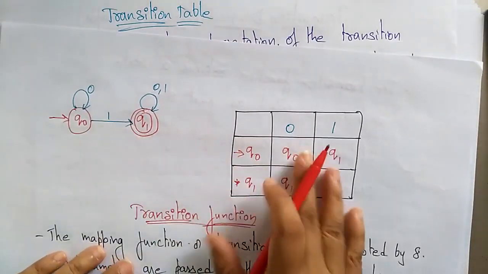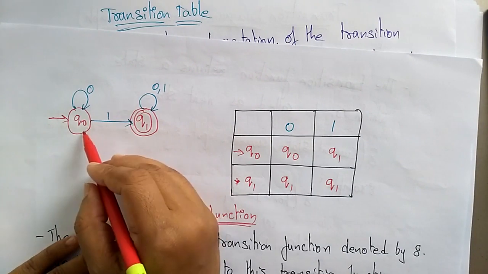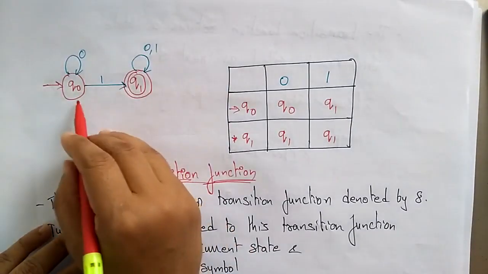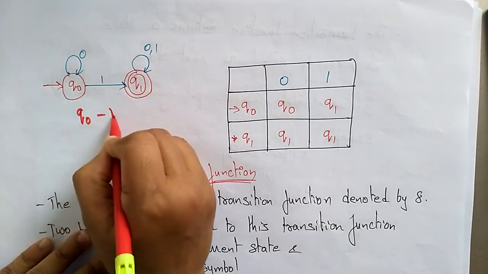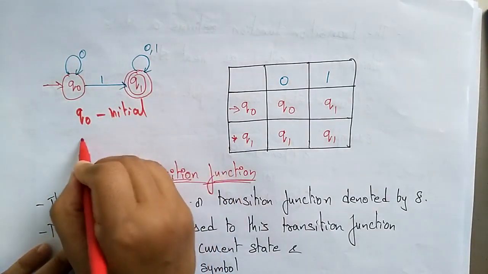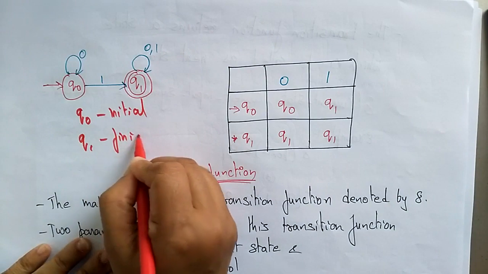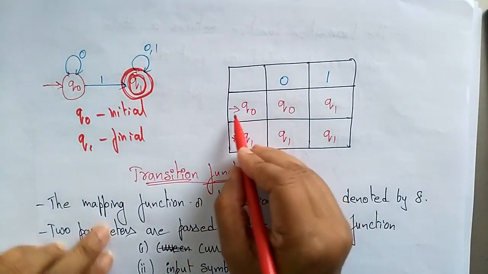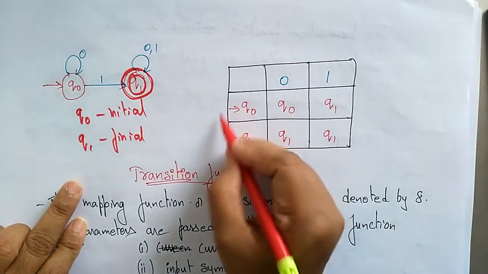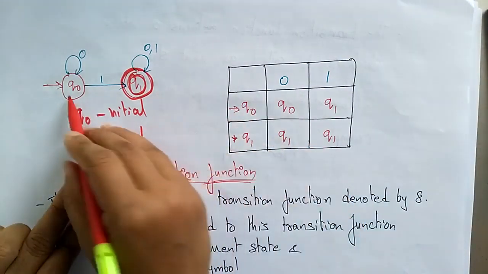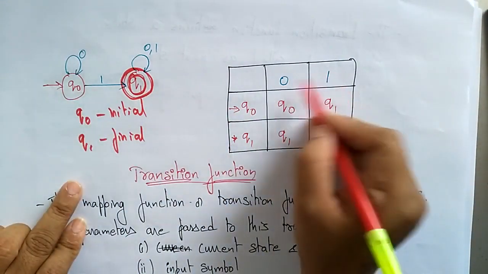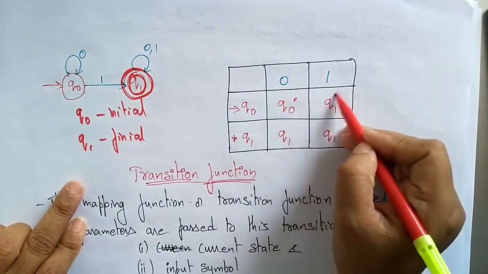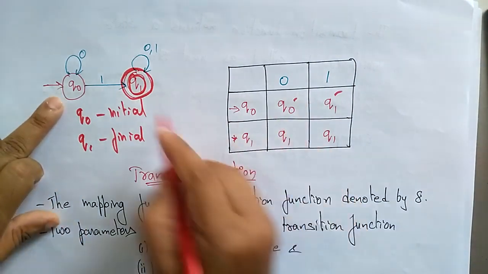Q0 and Q1 are the two states. Q0 is the initial state and Q1 is the final state, always represented with two circles. In the rows you write the states Q0 and Q1, and in the columns the input symbols 0 and 1. The entry should be the next state.